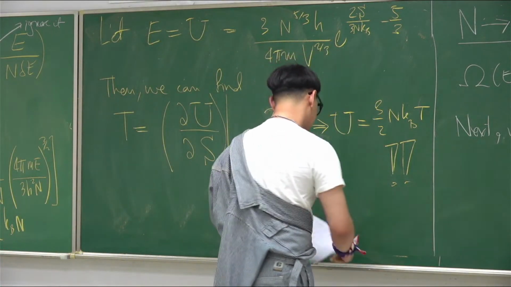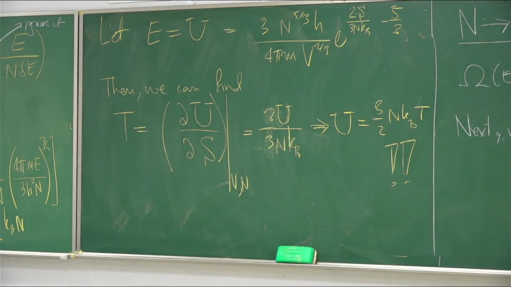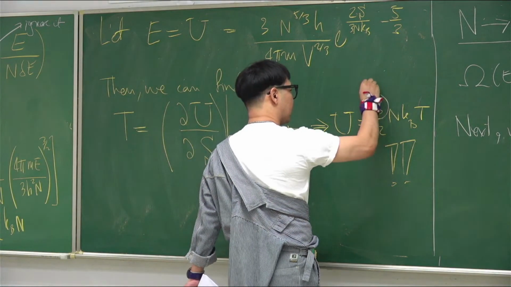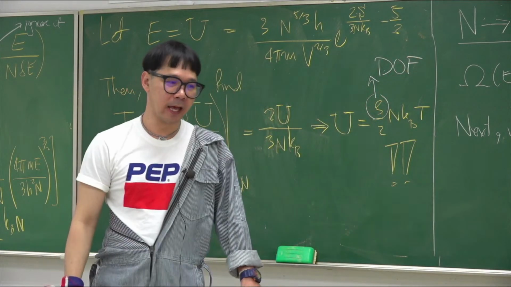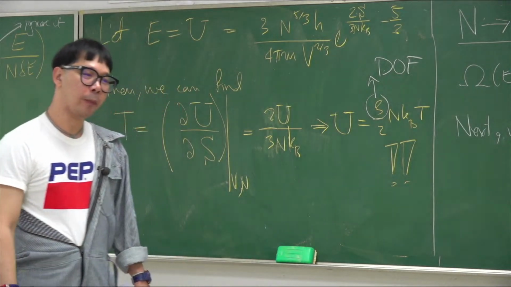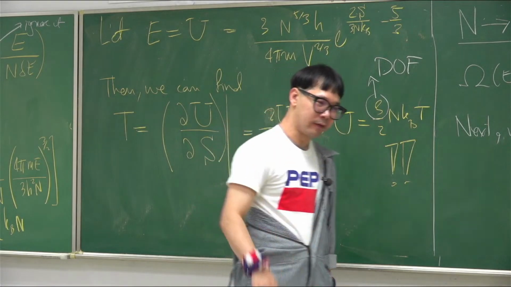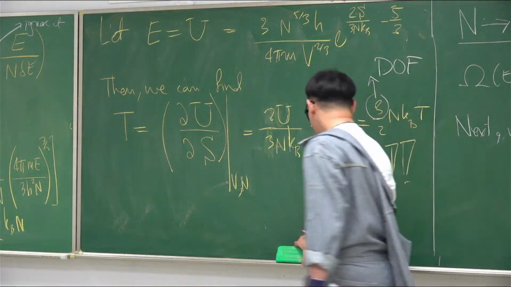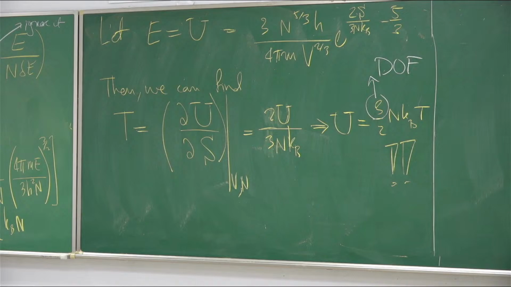The reason we have this number is because it depends on the degrees of freedom, right? And then we say that according to the equipartition theorem, each degree of freedom has the same amount of energy, right?